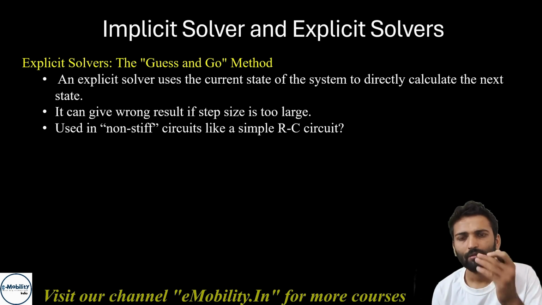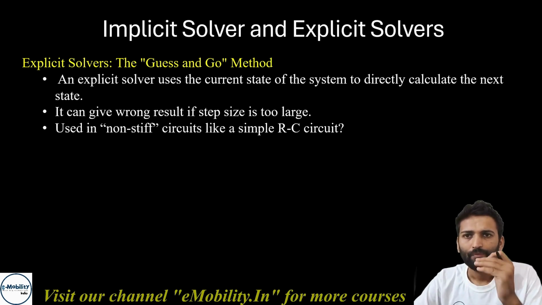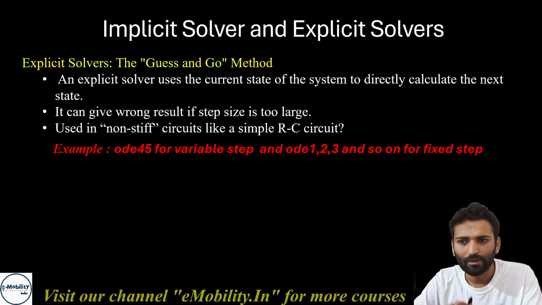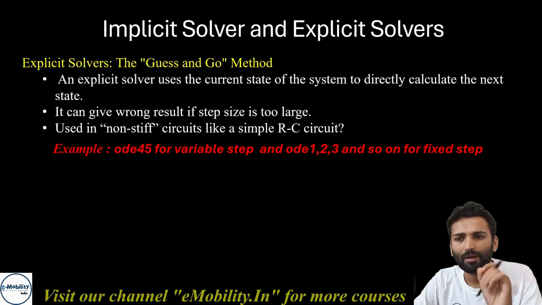Now within fixed step solvers we can have implicit and explicit solvers. An explicit solver first guesses what the next step should be and directly moves to the next step. The example of an explicit solver is ODE45, which is the default for variable step, and ODE1, 2, 3, 4 and so on for fixed step. These are the explicit solvers used in MATLAB.